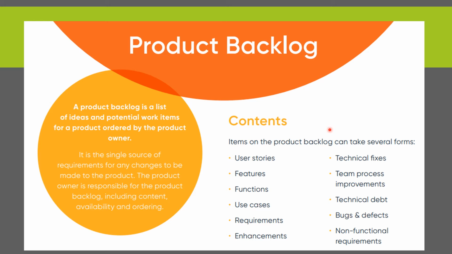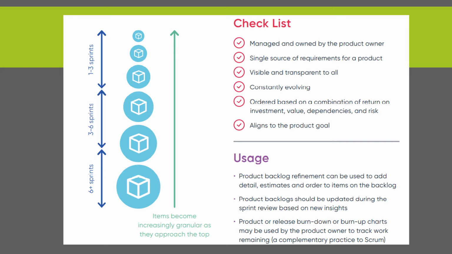So essentially it will contain epics, features and stories, and work items or tasks, and tasks generally go into the sprint backlog, right? So if you're considering your bugs and defects as a requirement, that can be part of your product backlog, right? Look at this picture.